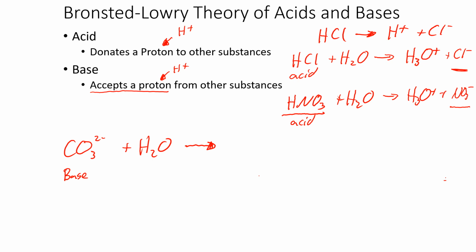It gets the proton from things like water. So it grabs that proton, just one of them, and turns into HCO3. Now it gained one of these protons, so it was 2 minus, and now it's just 1 minus. So what did it do here? It didn't donate a proton, it accepted a proton.